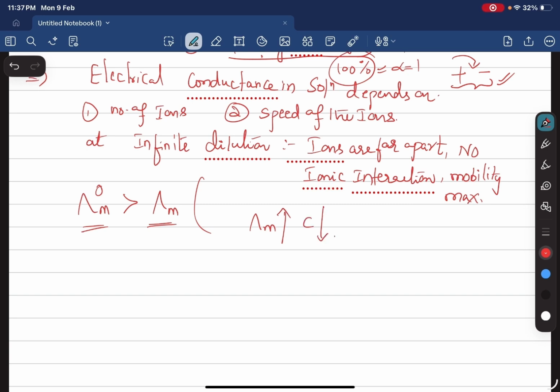Here this increase is not due to ionization but due to inter-ionic interactions. That's what we have discussed till now. This theory is mainly based on two effects. The first one is the ion atmospheric effect.